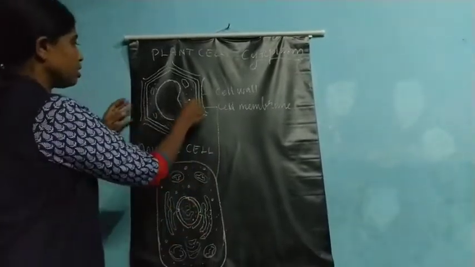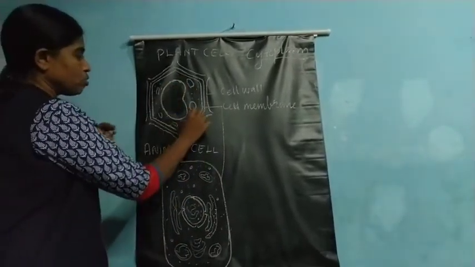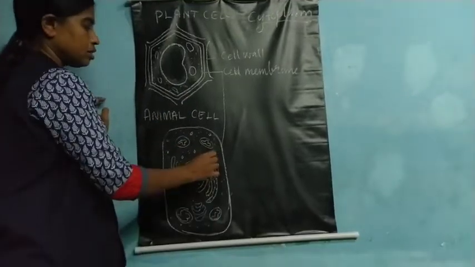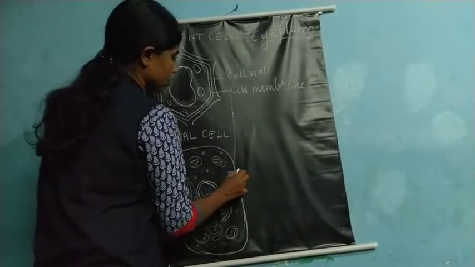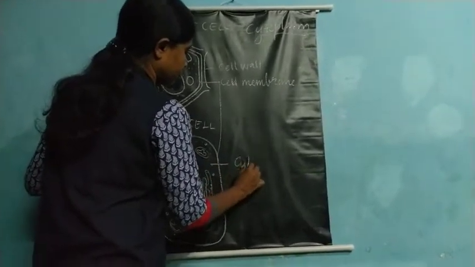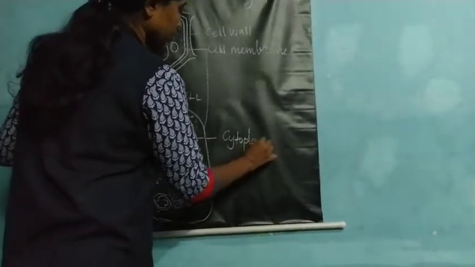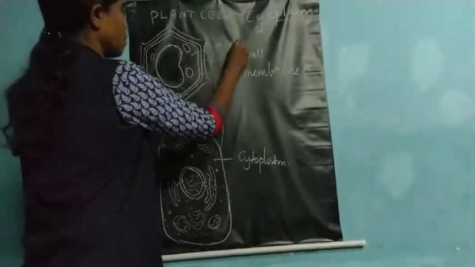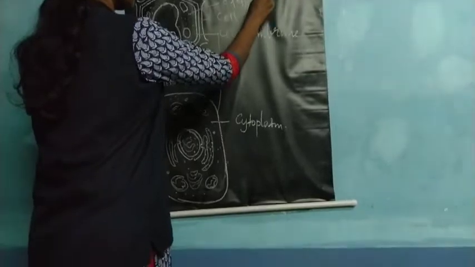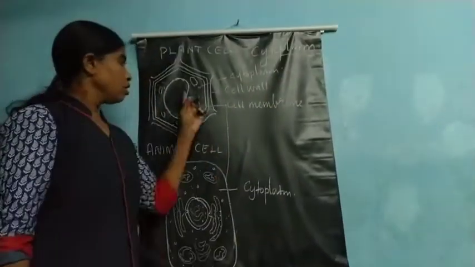Now we are going to see the liquid part, the fluid part of the cell. That is called cytoplasm. So this is again cytoplasm. This cytoplasm is the fluid part of the cell.